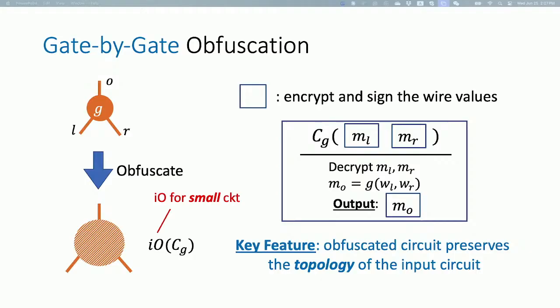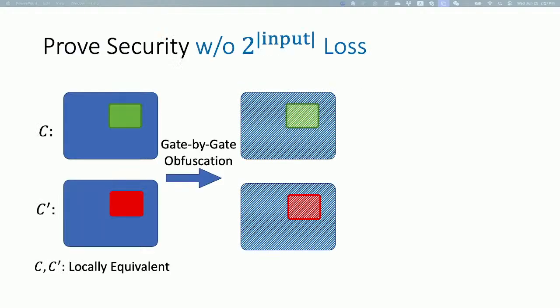So suppose you have some subset of gates in your input circuit, then you can identify what is the obfuscation of the subcircuit in the obfuscated program. So this topology-preserving property is the key to overcome this 2 to the input length loss in the security proof.